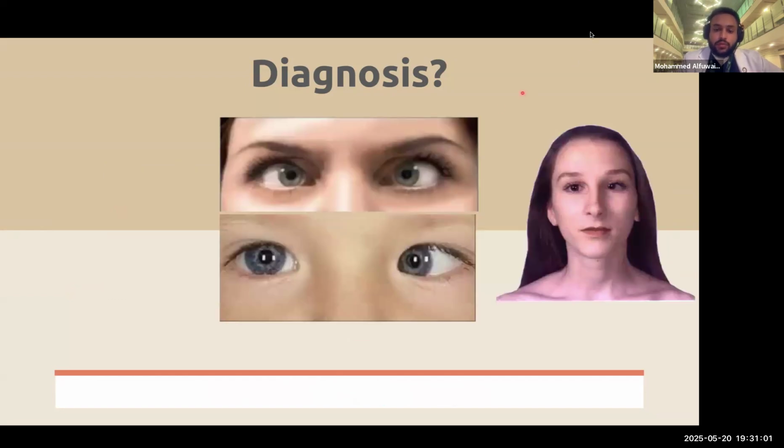Now over here. Okay. In this case, this patient was asked to adduct both eyes, normal. Then they were asked to go back to the midline and then try to abduct the eye. What cranial nerve and which muscles are involved?